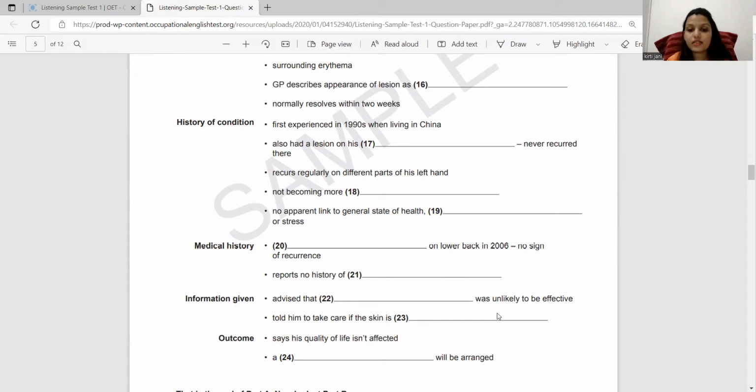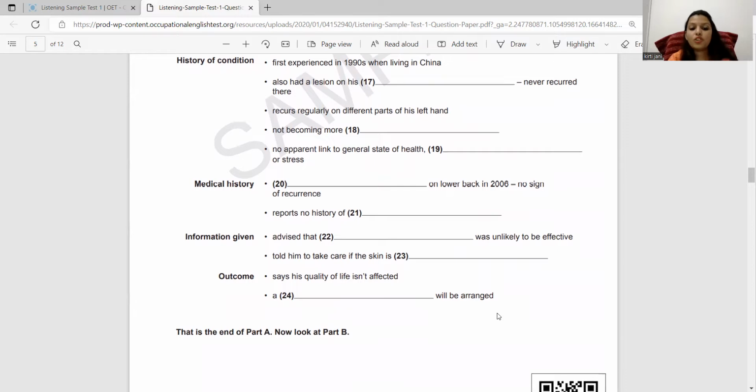So the skin is dry, okay, or is open, or is broken, something like this. Okay, so you need to predict your answer. Outcome says his quality of life isn't affected. A dash will be arranged. So this is asking about an arrangement.